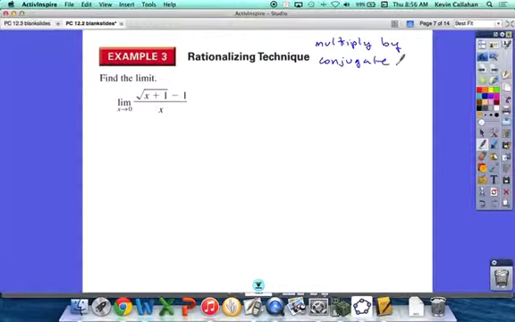So let's do that. That would look like this: the square root of x plus 1 plus 1. But if you multiply it in the numerator, you've got to multiply it in the denominator. So first step, multiply by the conjugate, divided by itself.